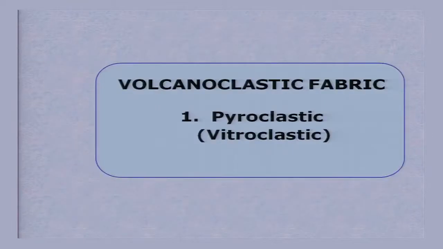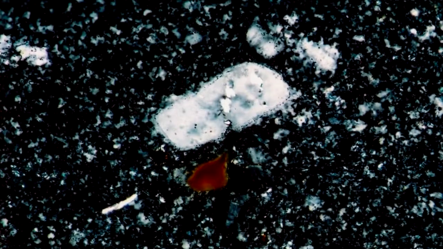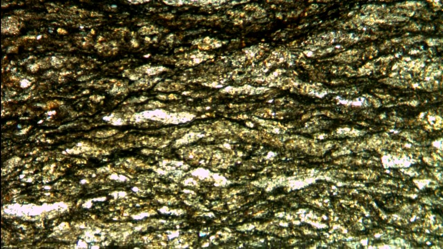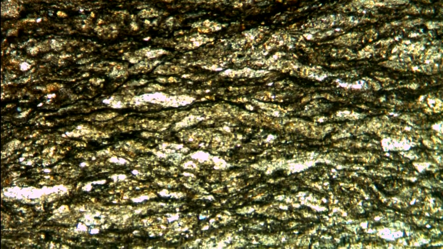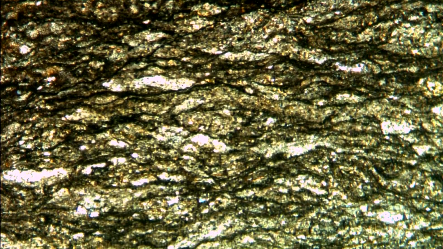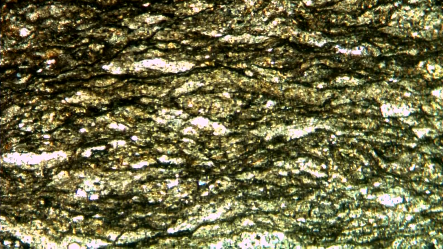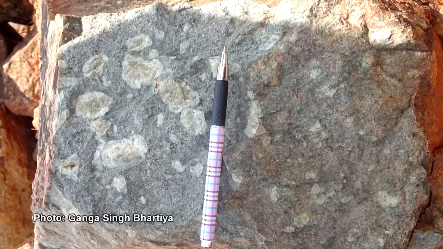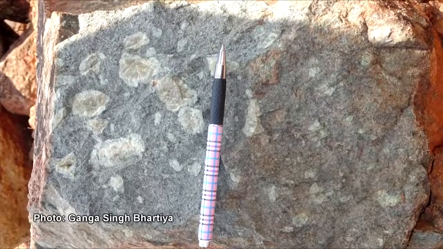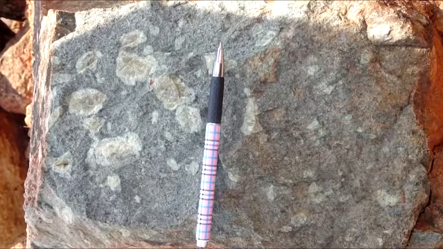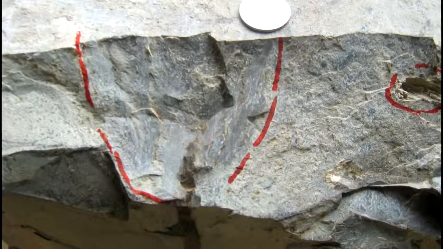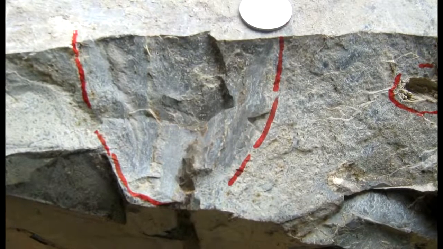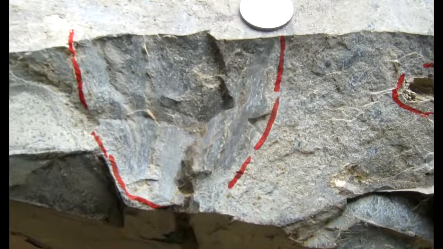Then volcaniclastic fabric. These fabrics are very important when you are discussing volcanic terrain. Pyroclastic or vitroclastic: pyro means fire, heat, and clastic means fragments. So, because of heat, the rock has been formed into small clastic particles or pieces, and the texture developed is called pyroclastic texture.